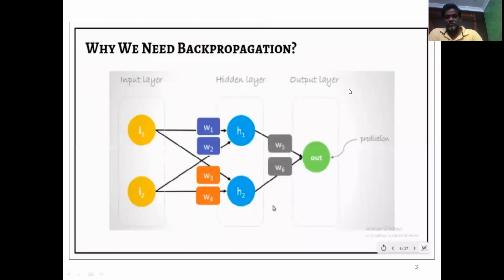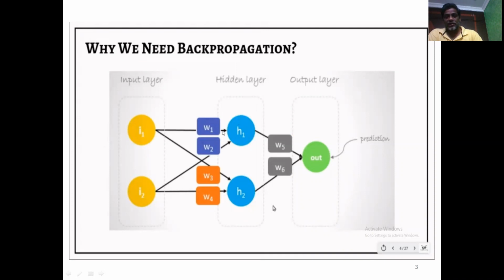Then, why do we actually need backpropagation? You need to understand why you actually require it. Let us imagine a general neural network in which we have two neurons in the input layer, two neurons in the hidden layer, and one neuron in the output layer.